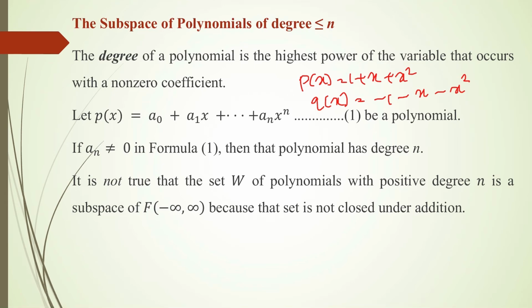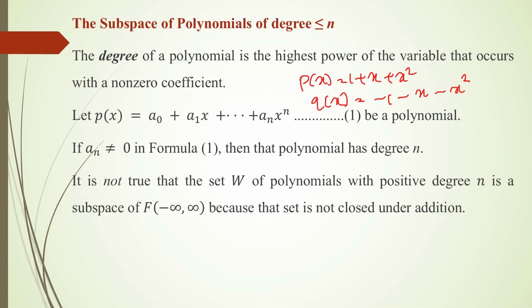So, if we add two polynomials of the same degree, degree equal to n, we may not get a polynomial of degree n. We may or may not get a polynomial of degree n. Anyway, it's not sure, just like in this case.